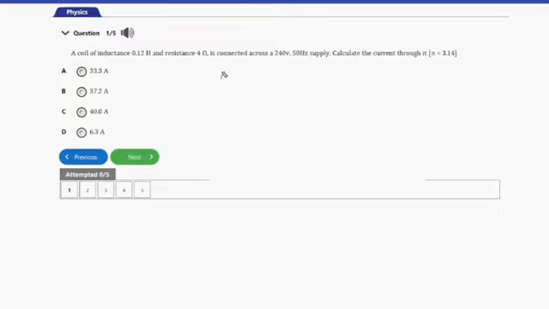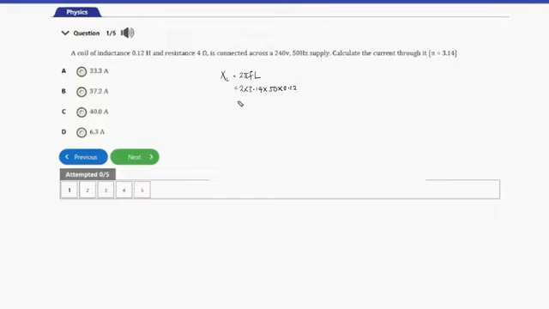So let's use the formula that reactance XL is equal to 2 pi FL, where pi is 3.14, F is the frequency, which is 50 Hz, and then L is the inductance, which is 0.12.